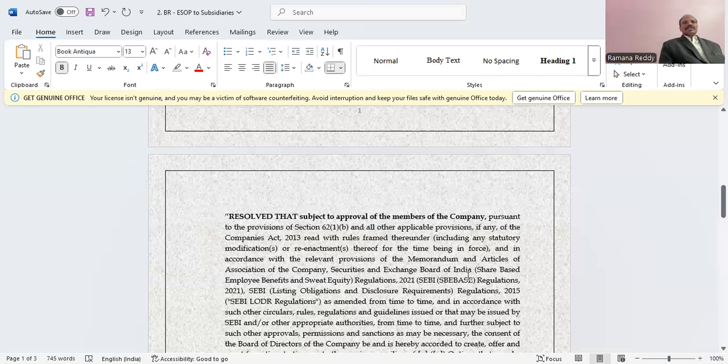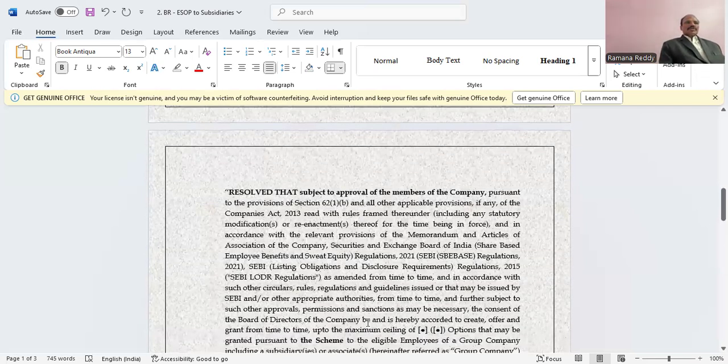So we are mentioning the Securities and Exchange Board of India (Share Based Employee Benefits and Sweat Equity) Regulations 2021, that is SEBI SBEB and SE Regulations, and the SEBI (Listing Obligations and Disclosure Requirements) Regulations 2015, that is SEBI LODR Regulations, as amended from time to time, and in accordance with such other circulars, rules, regulations, and guidelines that may be issued by SEBI and or any other appropriate authorities from time to time, and further subject to such other approvals, permissions, and sanctions as may be necessary, the consent of the board of directors of the company.